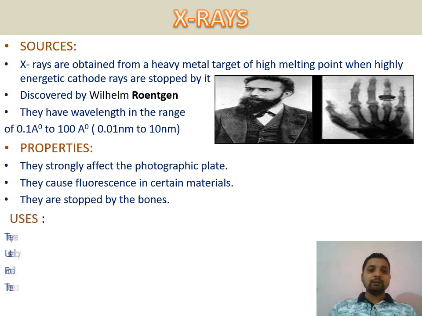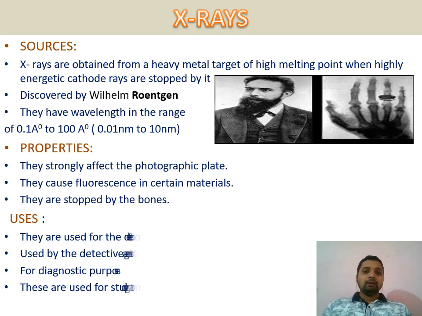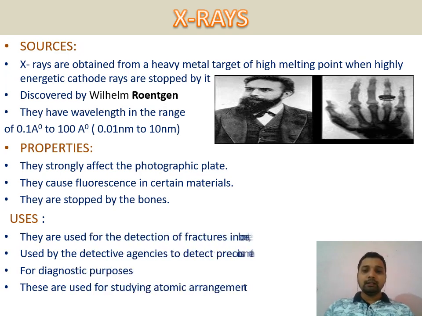As for uses, X-rays are used to detect fractures in bone and teeth. They are used by detective agencies to detect precious metals. For diagnostic purposes, they are used to study complex atomic arrangements. Also, X-ray is used for CT scan. So all these are the uses of X-ray.